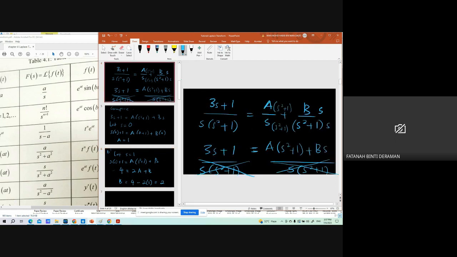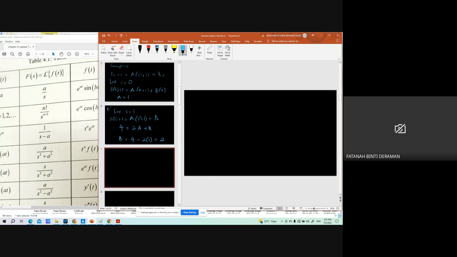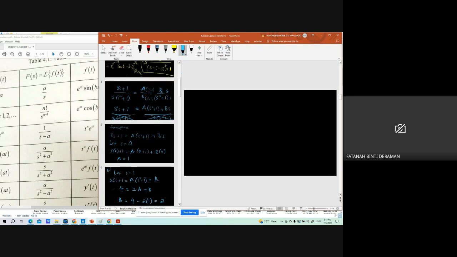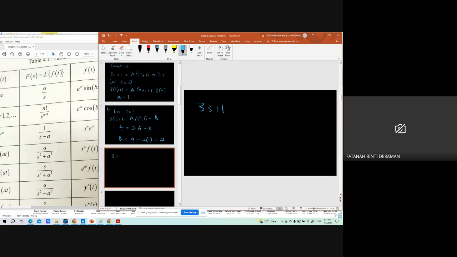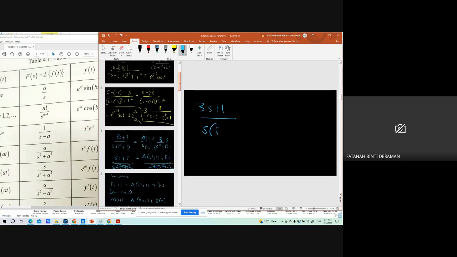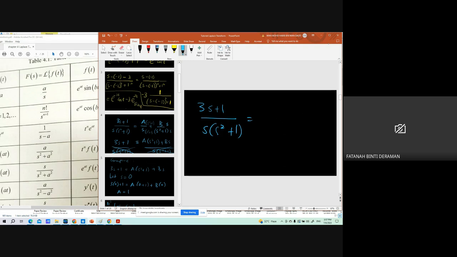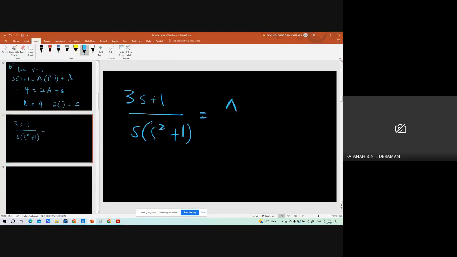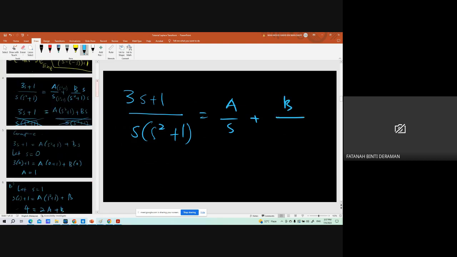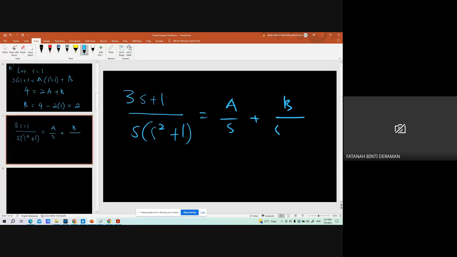So we know that this will be, okay, so 3s plus 1 over s square plus 1 equals to a over s plus b over s square plus 1.